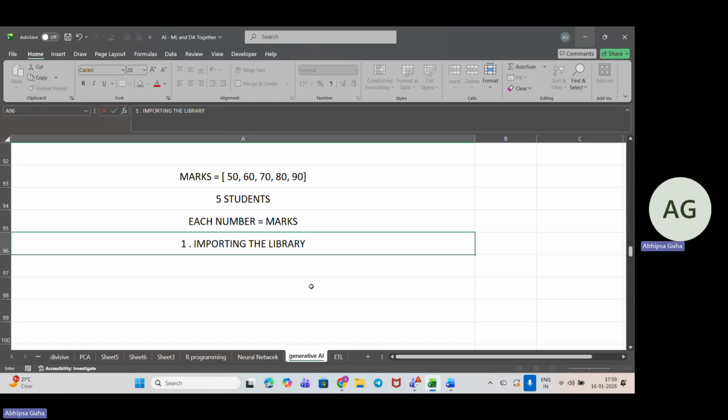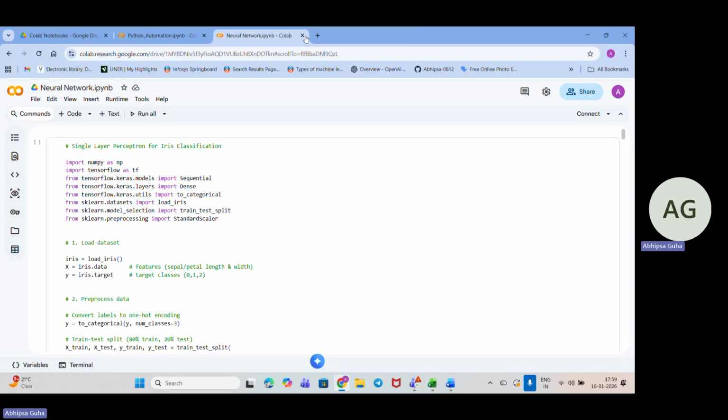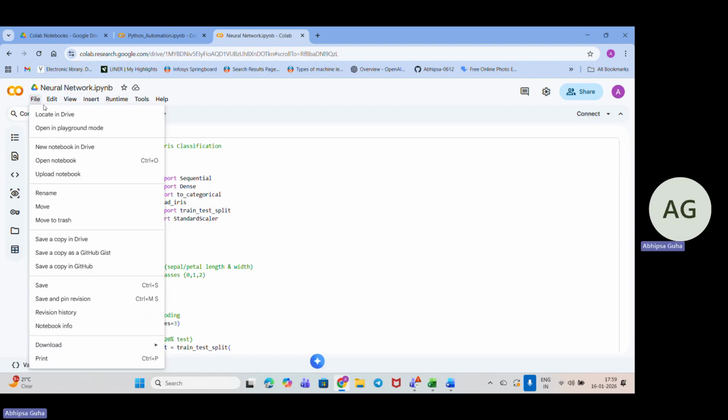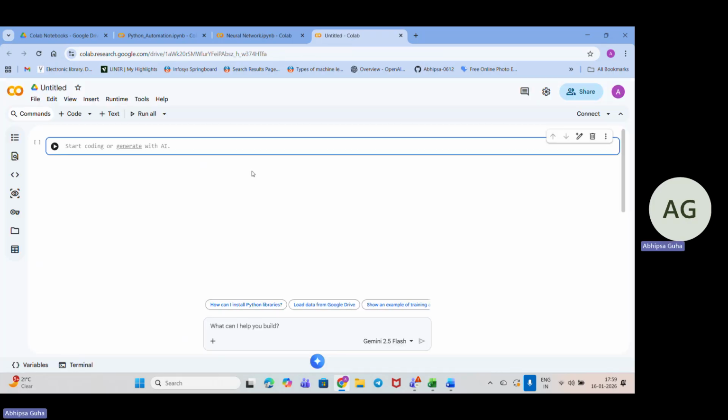It imports the library. Okay, so let's take it down with Python only so that we can get a better idea. Let's open a new notebook. Just a moment, guys, let it open.